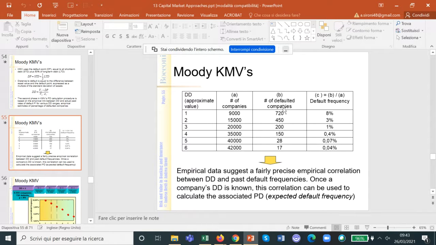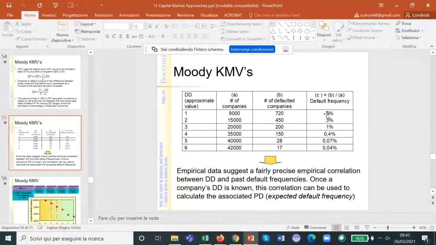Then we look at how many of those companies after 1 year actually defaulted. Of course, those companies that have a lower distance to default, i.e. they are closer to default, are more likely to default and therefore have a higher default frequency. Based on a company's distance to default, one can estimate the probability of default, which is empirical data.